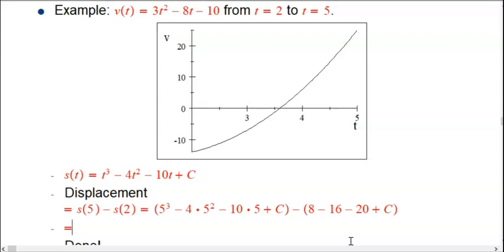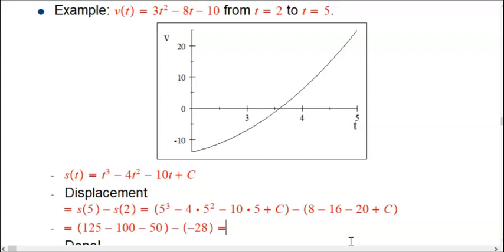And so what is this? This is 125 minus 100 minus 50 minus 8 minus 36. That is a minus 28.